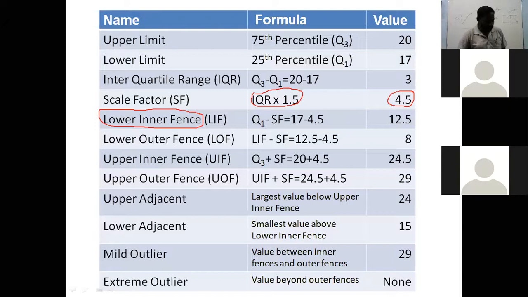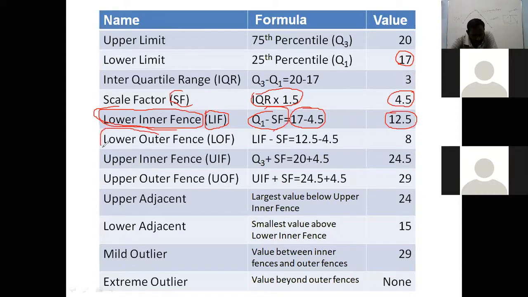How can we calculate those different fences? First, the lower inner fence, LIF in shortened form, is calculated by Q1. We already know what Q1 is. Q1 minus the scale factor, which we already found. So our lower inner fence is 12.5 for the given data.